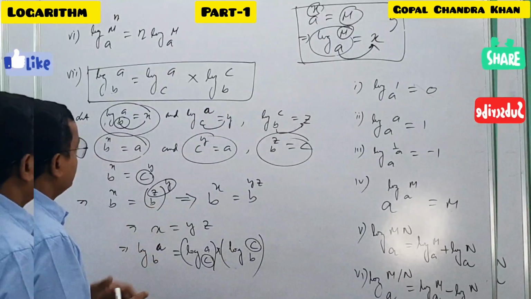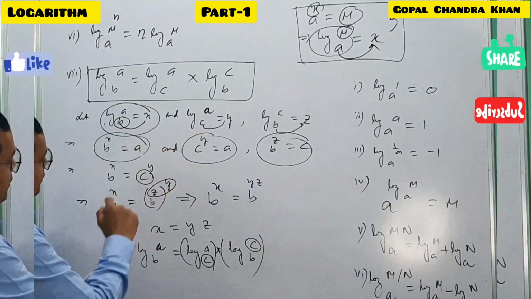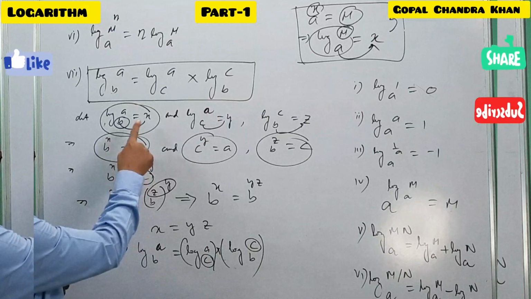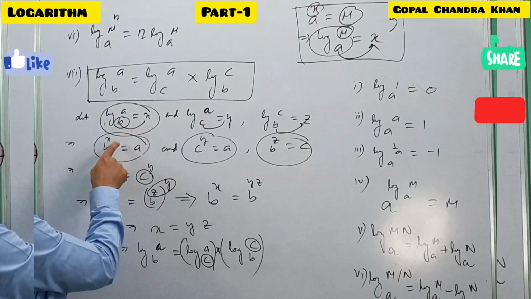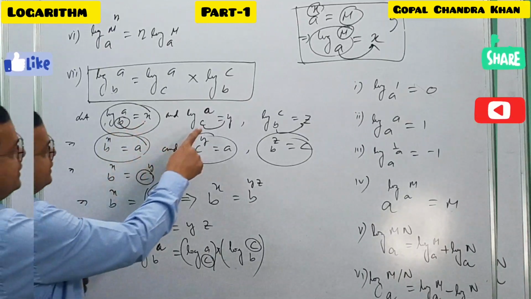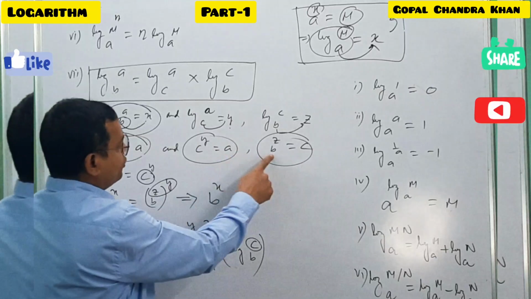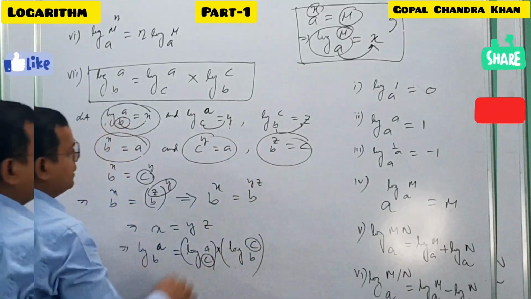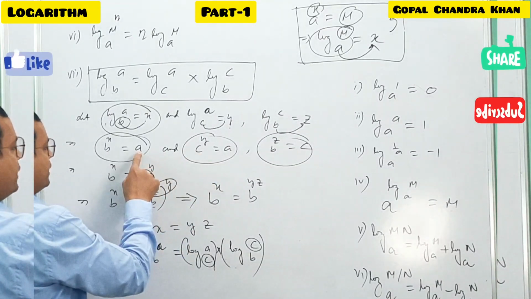So here you see, I have taken, from here in reverse, b to the power x equal to a, c to the power y equal to a, and b to the power z equal to c, and I found a equal to this, also a equal to this.